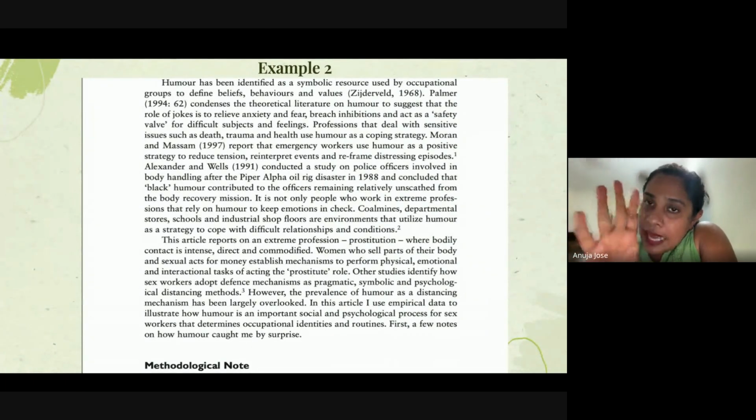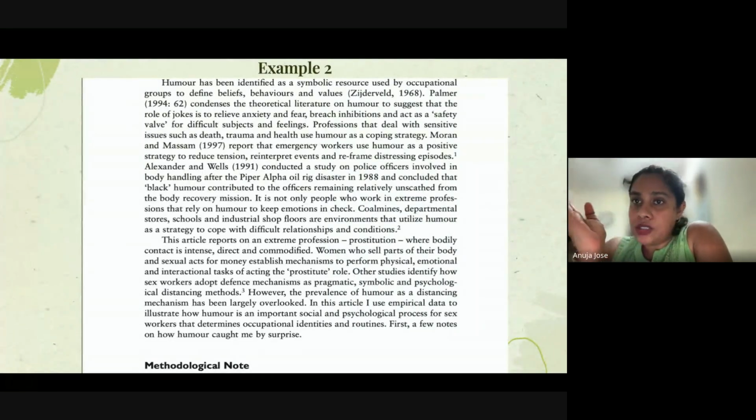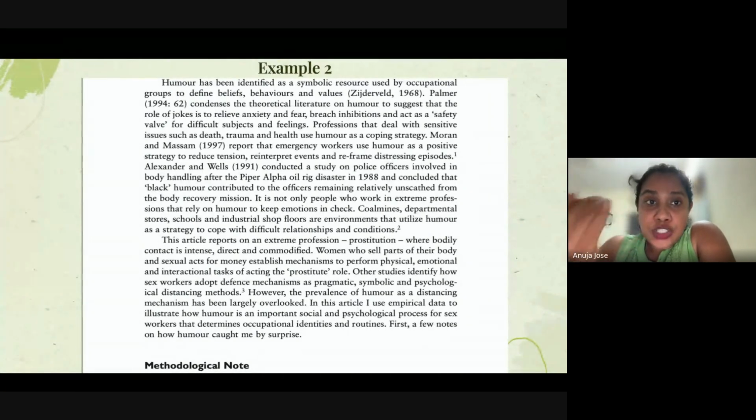And that theme is reflected in the introductory sentence, which is humor in the occupational context, how humor is used in the occupational context. Now, what are the occupational contexts that she's using here? She's talking about the role of jokes. She's talking about professions that deal with sensitive issues like death, trauma, and health. She's also talking about police officers using humor.